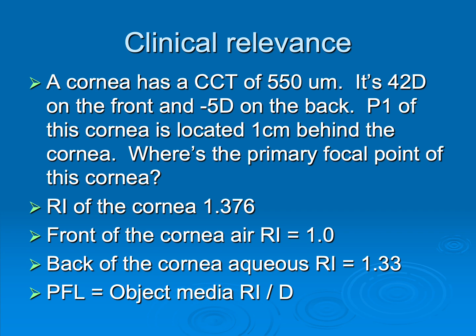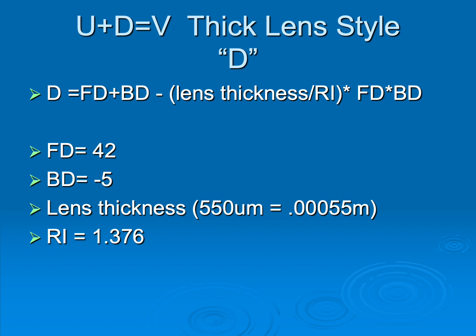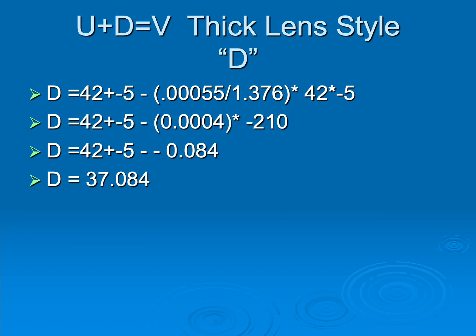We need to know the dioptric power of the cornea. Using the information that they've given us, shown here, we can do the following calculation and come up with something that looks a whole lot like a K reading, 37.084.